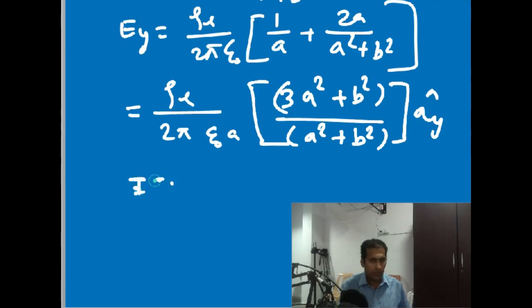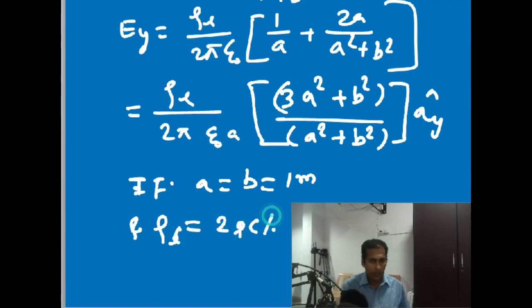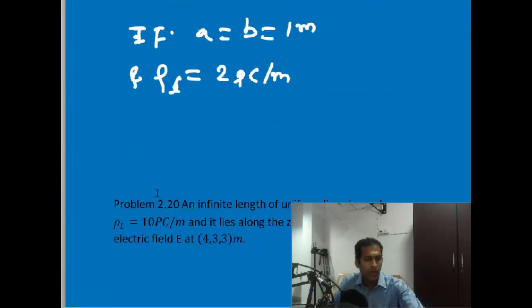Now what is the condition? a is equal to b is equal to 1 meter and rho L is equal to 2 picocoulombs per meter. So what can we write there?